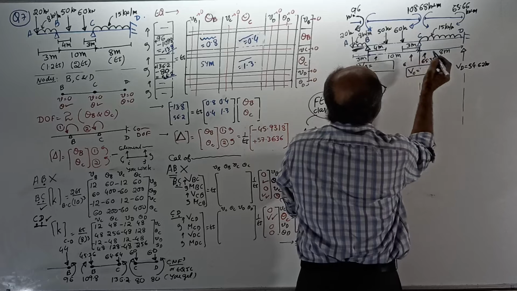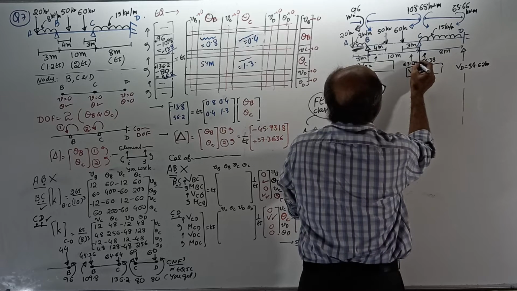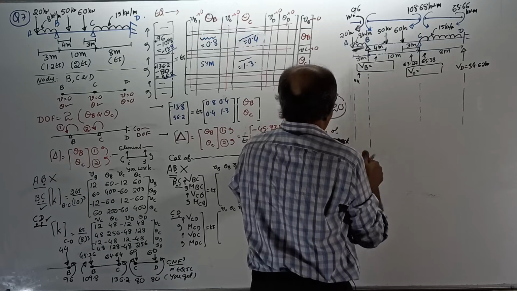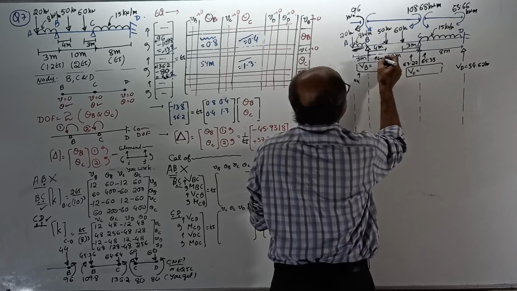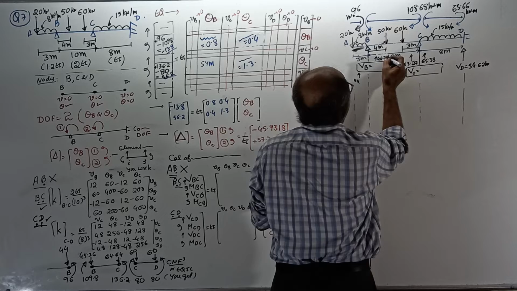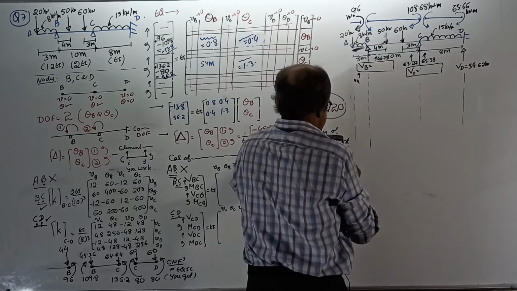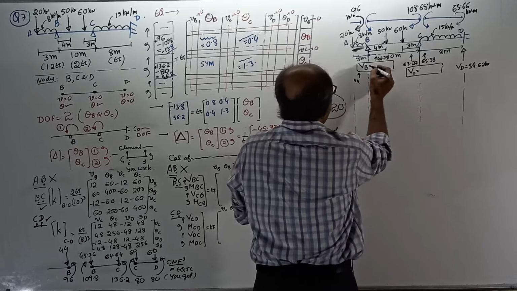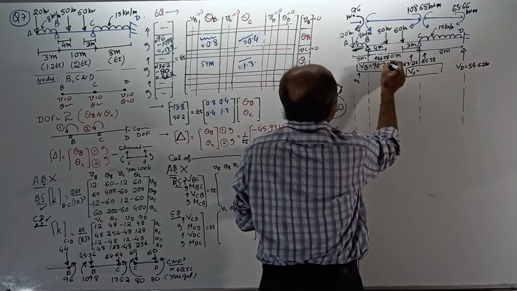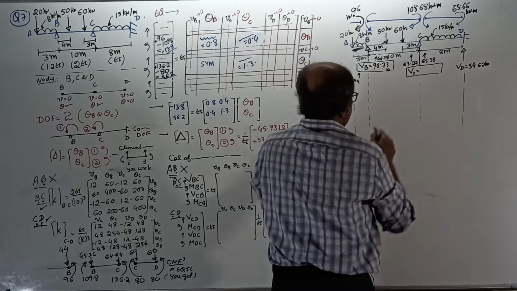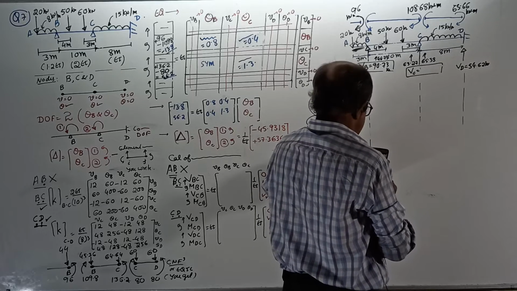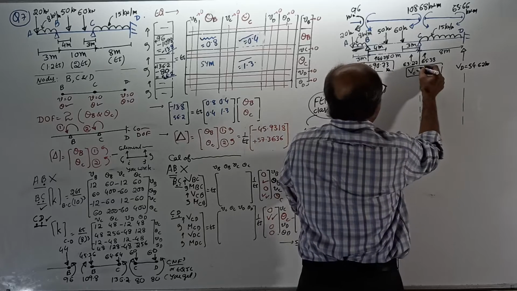This one, 63.27. Other one minus 110, 46.73 is this reaction. When you add those two, 46.73 plus 44 will give you 90.73 here, kilonewton. Here, 63.27 plus 65.38 will give you 128.65.